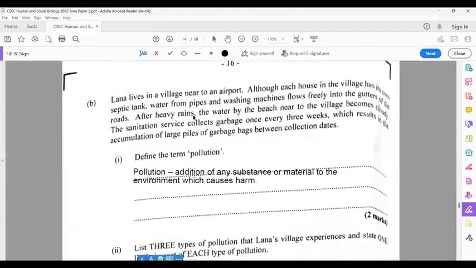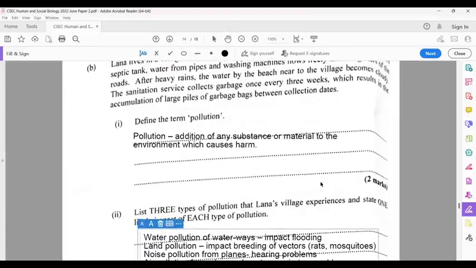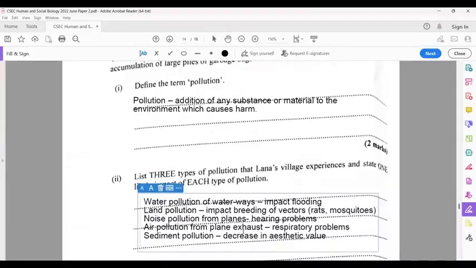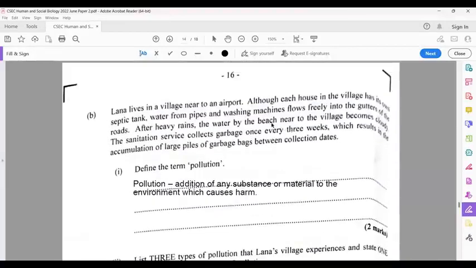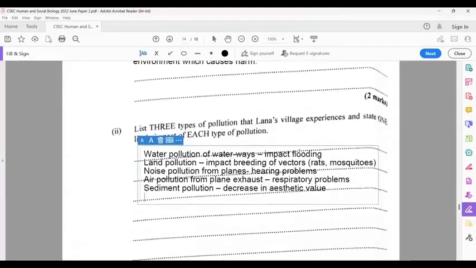Noise pollution, the village is near an airport. Airports are for planes. Air pollution, planes again, the exhaust that could lead to respiratory problems. And the beach becomes cloudy. The beach is becoming cloudy because of sediment. So sediment pollution is included here, and that has decreased the aesthetic value of the beach. So that's an impact that is experienced.